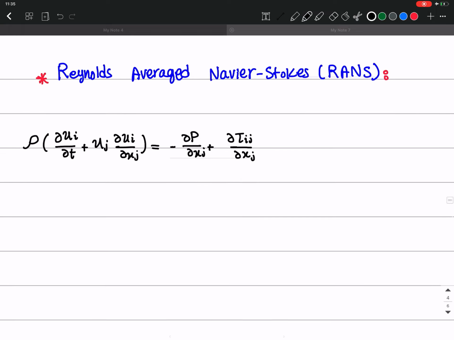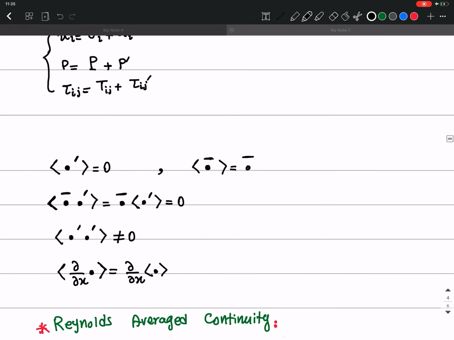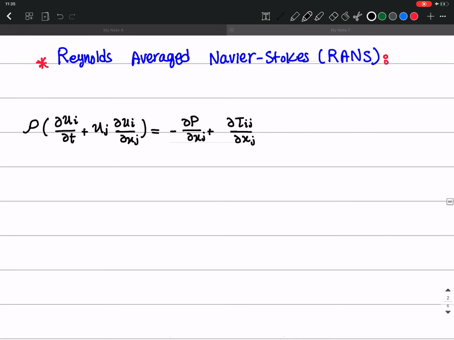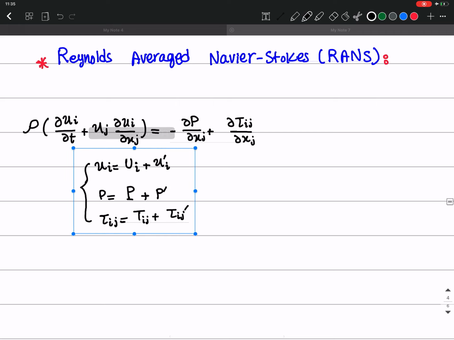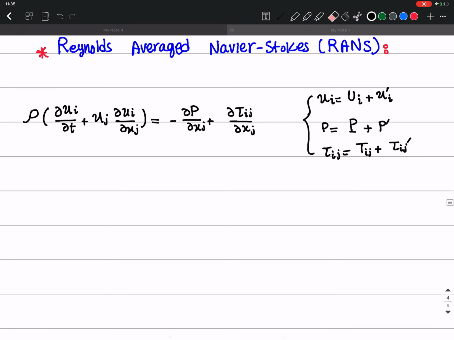Okay, so now we want to apply these Reynolds decompositions that we had here. Let me just copy them here. So I want to apply these to this equation.